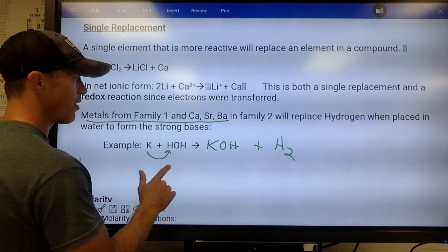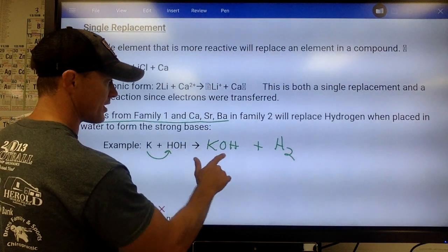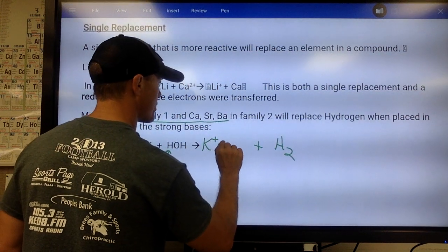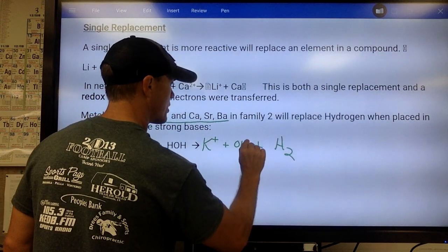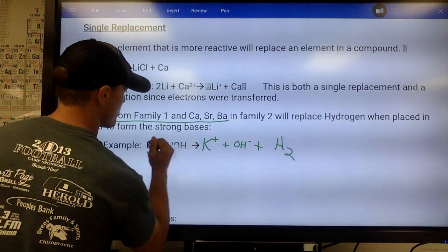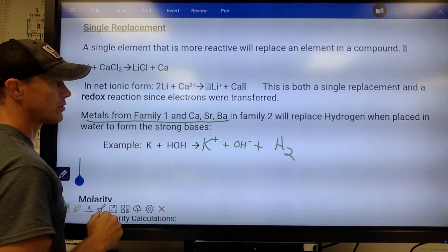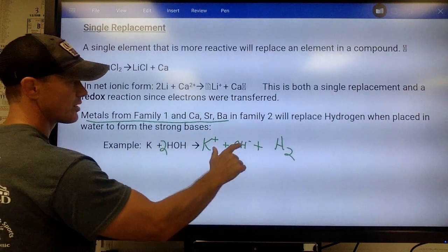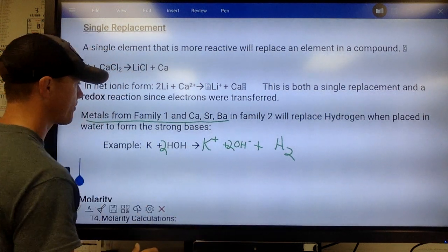If we write this now, this will split apart into ions because it's a strong base. So this should be written as K plus, OH negative. Make sure it is balanced. I think we need a 2 in front of this. That gives us 4 hydrogens, and a 2 in front of that.